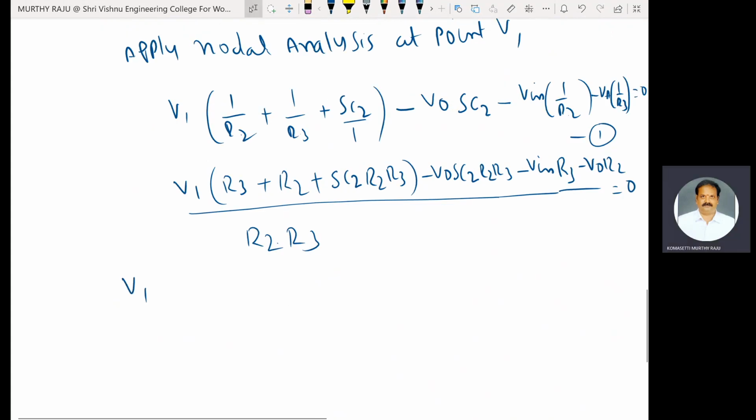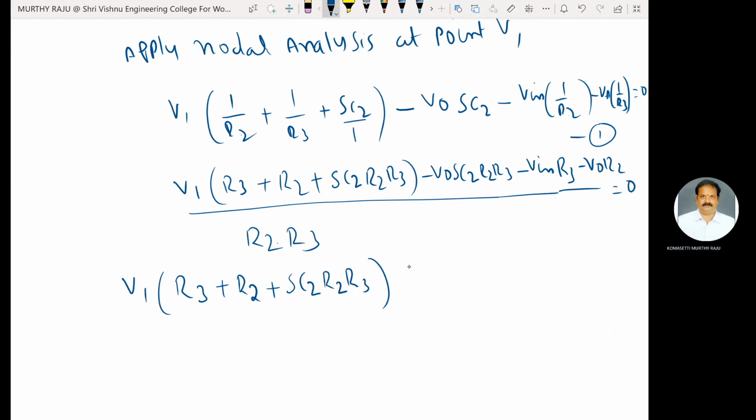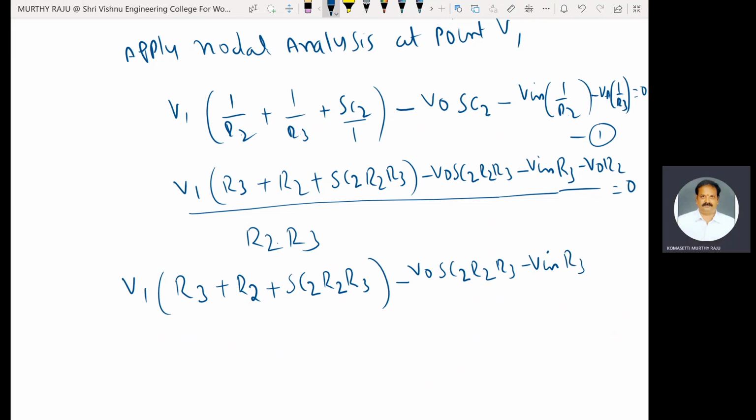That is V1 into R3 plus R2 plus S C2 R2 R3, minus V0 S C2 R2 R3, minus Vin R3, minus V0 R2 is equal to 0.